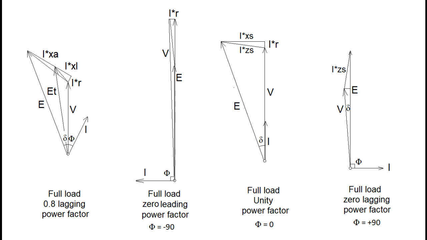We may note that the angle between induced EMF E and terminal voltage V is known as power angle and designated as delta. With zero power factor, this power angle delta is extremely small and corresponds to armature copper losses only. When full load electrical power is generated, the value of angle delta is maximum.